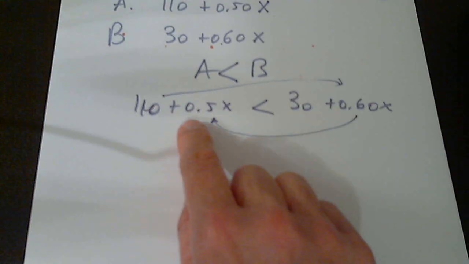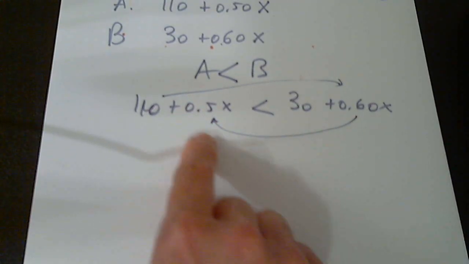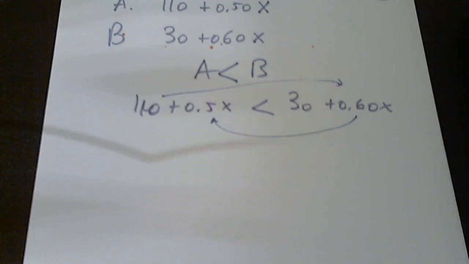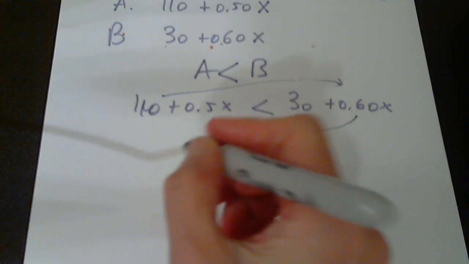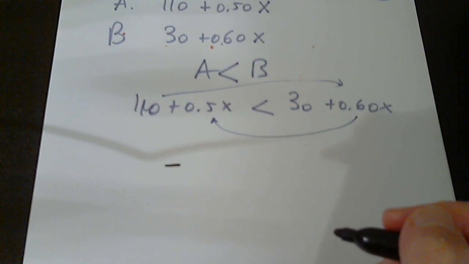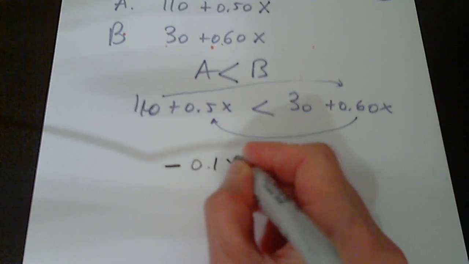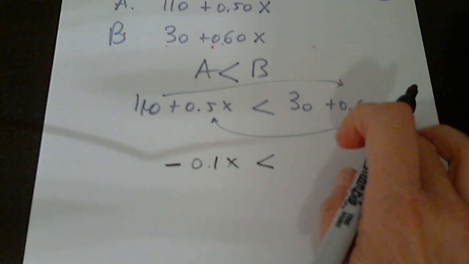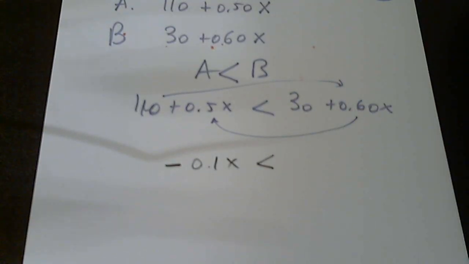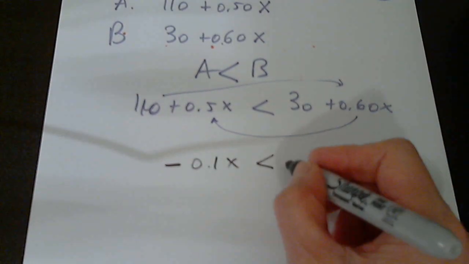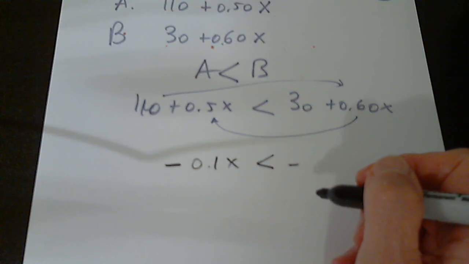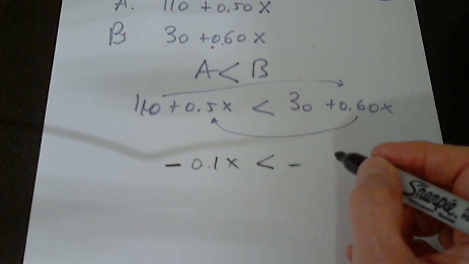So 0.5x minus 0.6x. 0.5x minus 0.6x is negative 0.1x, less than 30 minus 110. 30 minus 110 is negative 80.